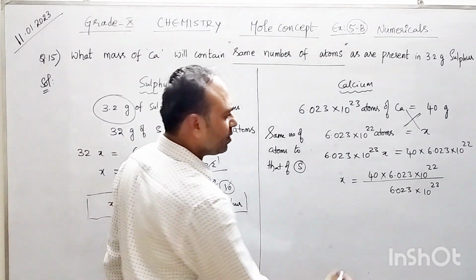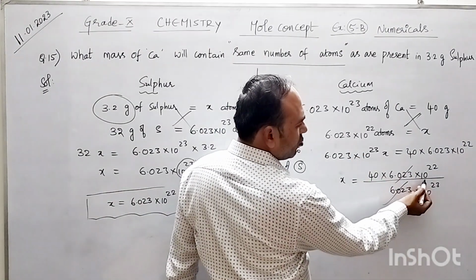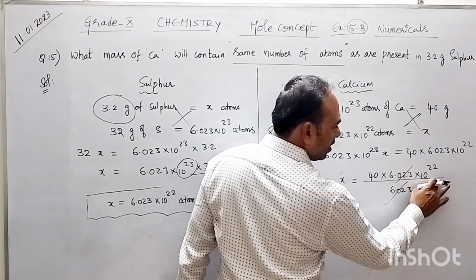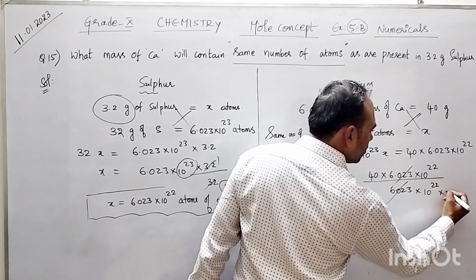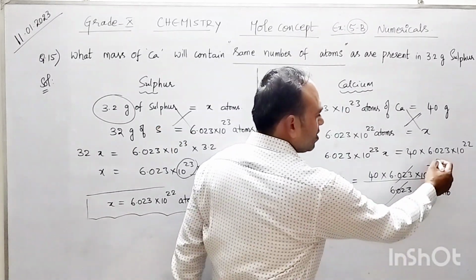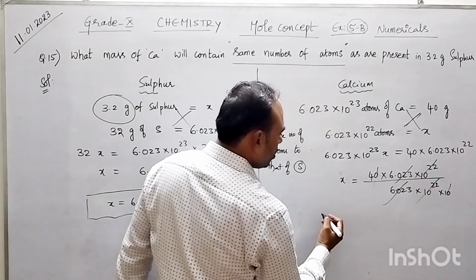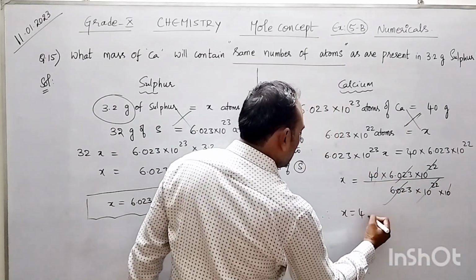Now cancel this. 6.023 gets cancelled out. Now 10 to the power of 22, can we write like this? Easily we can mention into 10. Is it right? 10 to the power of 23 can be written like this. Cancel these two. Now what you get? 40 by 10. Cancel 0. Therefore x is equal to 4 grams.